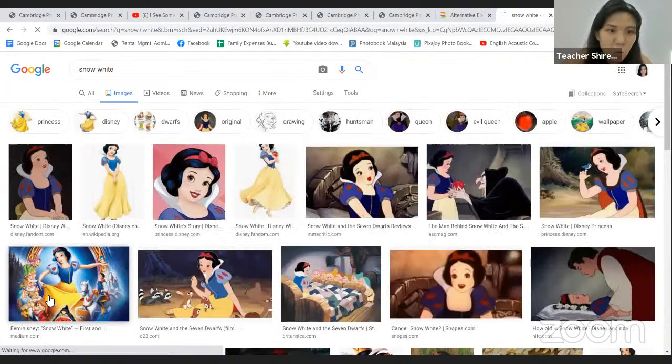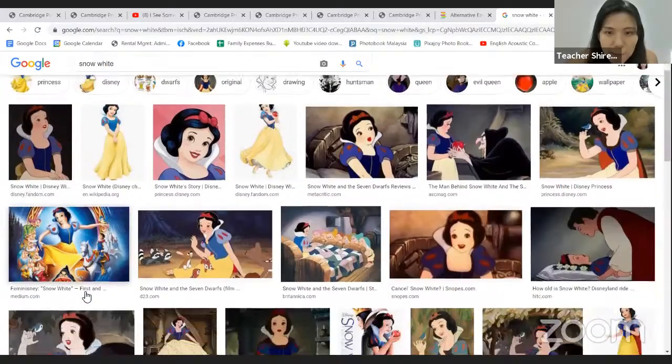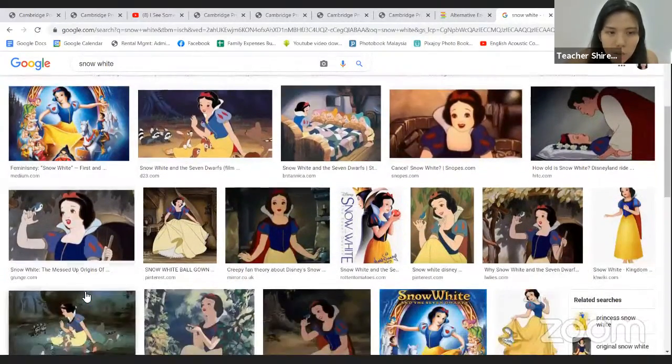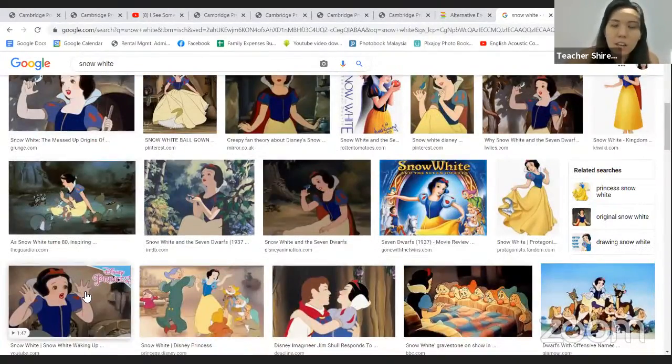Snow White actually lived together with the 7 dwarfs. She was very happy. But there's one evil witch who let her eat the poison apple. Then she fell down and got poisoned.